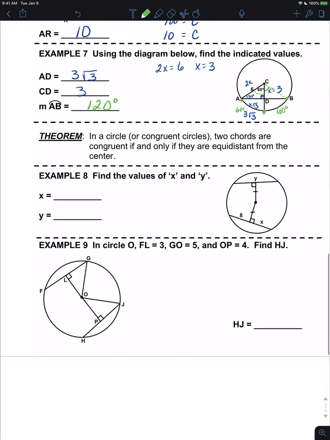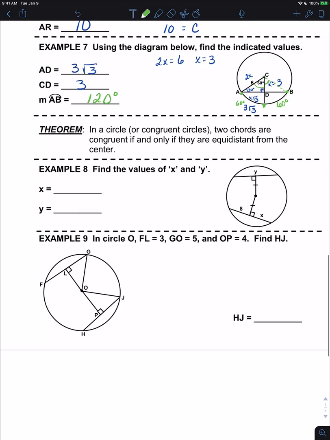All right, now we're going to find values of x and y here in example 8. Okay, so this theorem tells us two chords are congruent if they are equal distance from the center. Well, this chord is telling us it's equal distance. These two lines from the center are the same, so therefore those chords have to be the same length.